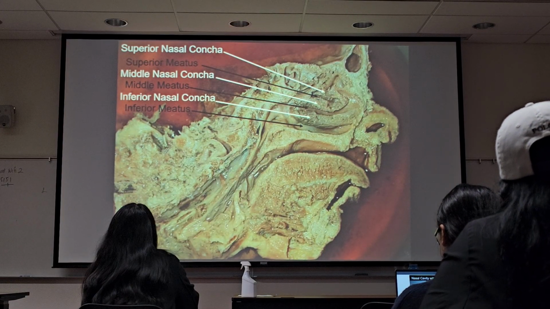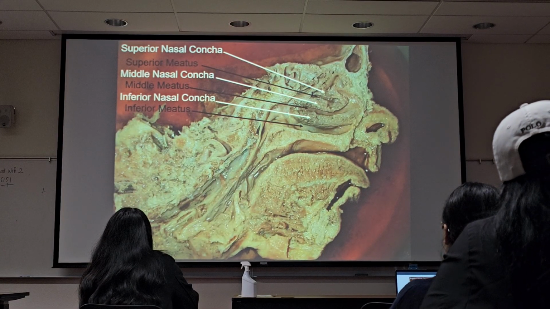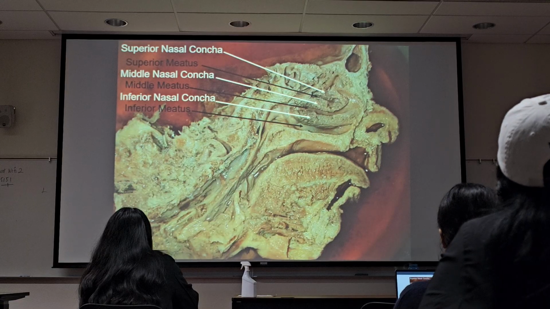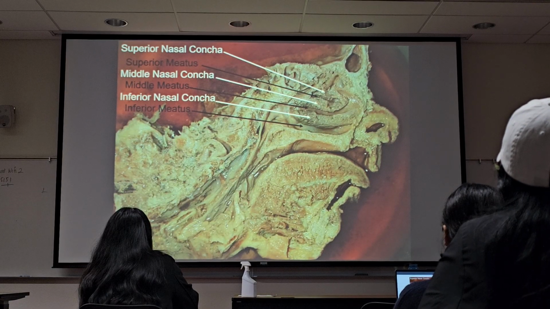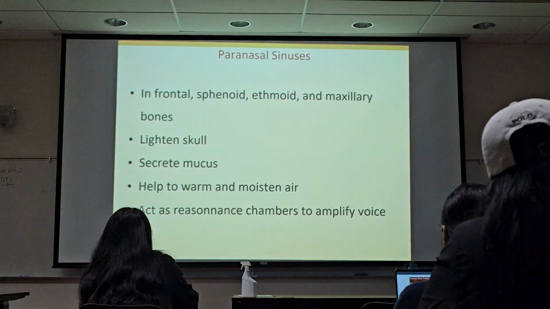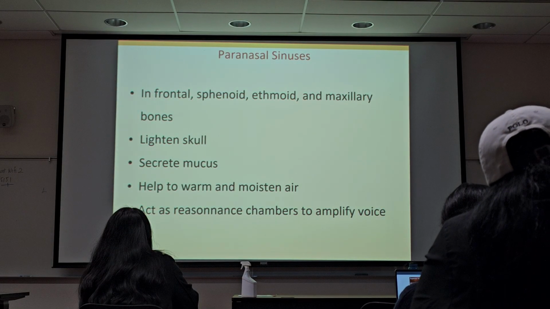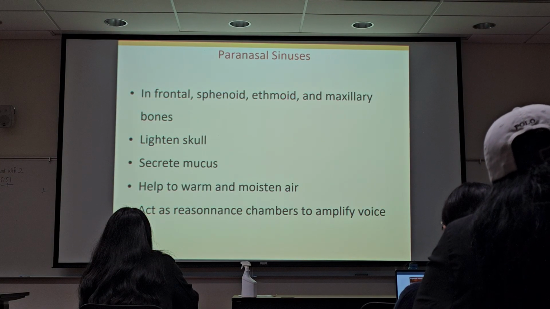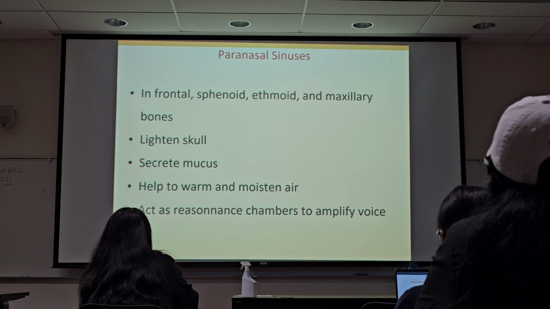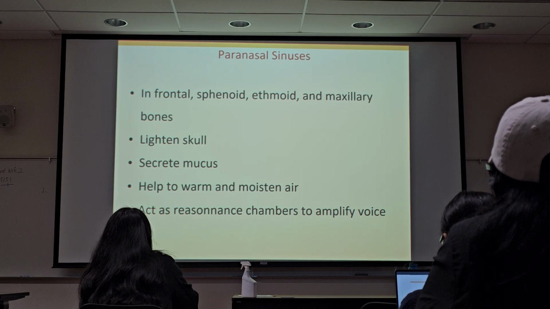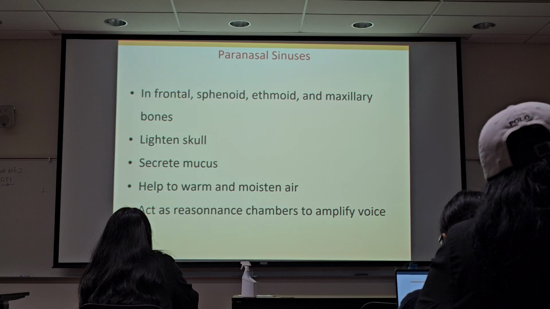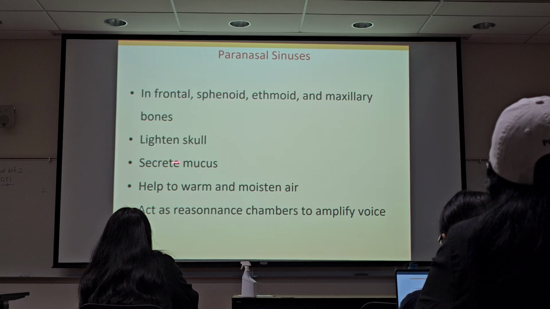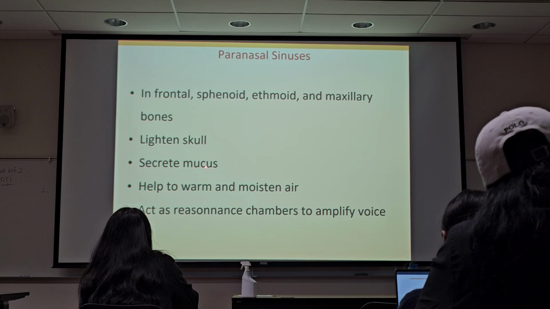Okay, so around our nasal cavity we have sinuses. These are just chambers within the head. We have our frontal, sphenoid, ethmoid, and maxillary sinuses. These open chambers have mucus being secreted in them.